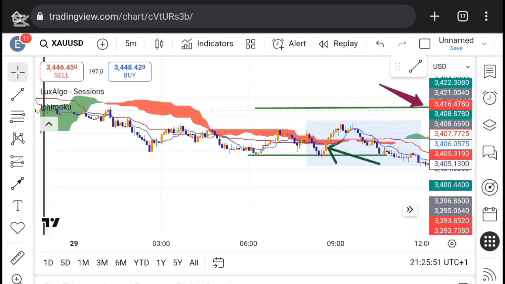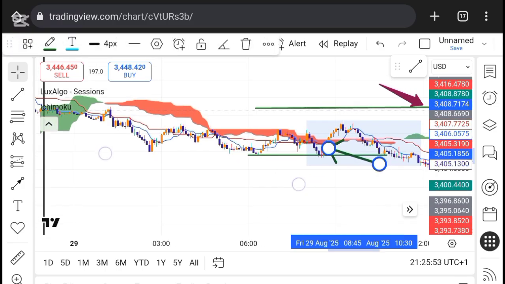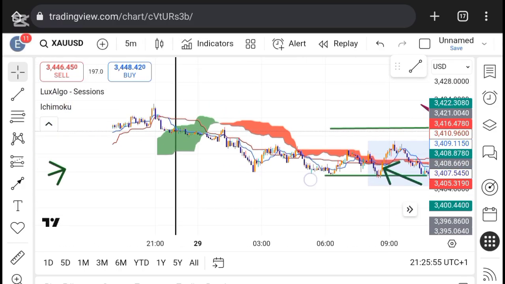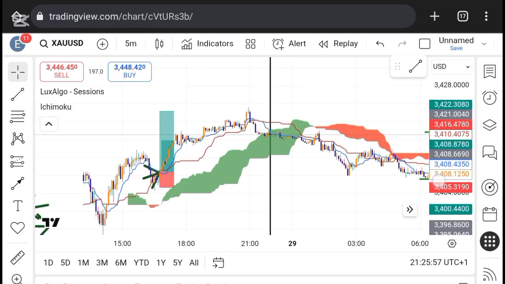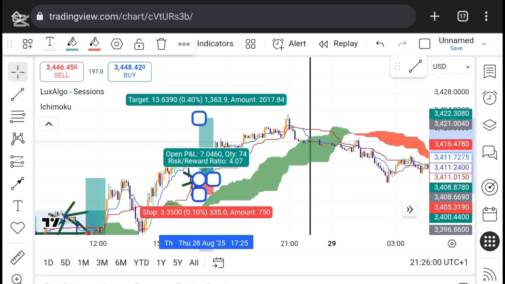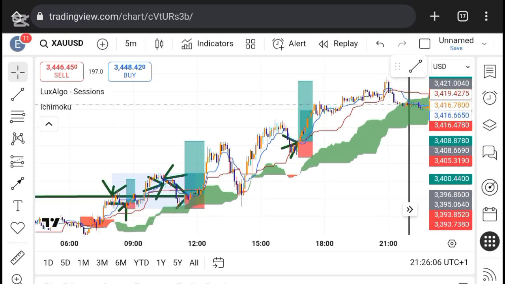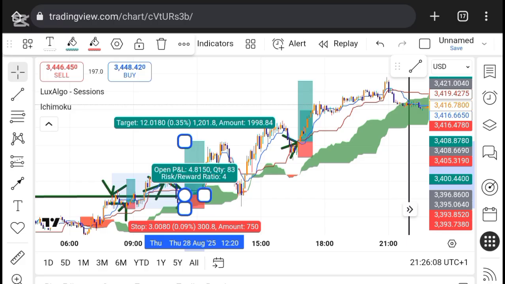We lost one again right here. So that is 2R loss and 2R. And we won one again here, which is 4R plus 2R. We had 6R so far. We won another one right here, which is 4R. 4R plus 6R, we have 10R so far.